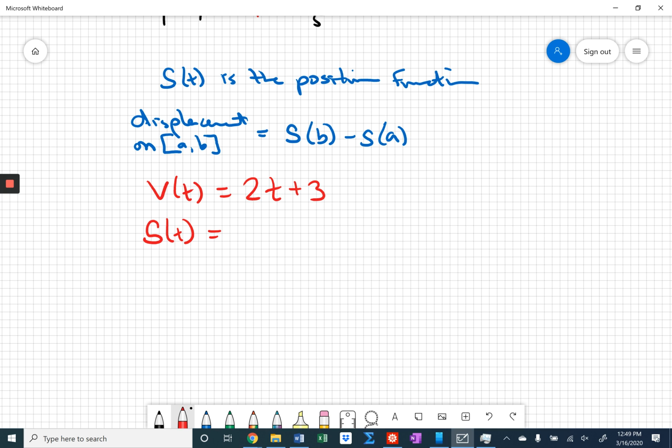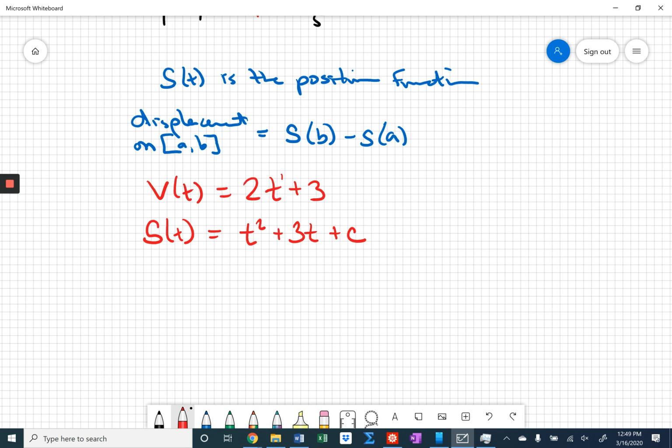So we're going to add 1 to the exponent. There's already a 1 here. So let's add 1 to make it a 2 and divide by that 2. So that becomes a t squared. Antiderivative of 3 is going to be 3t. And then we're going to have plus a constant. I don't have any information at the moment to figure out what that constant actually is, but that doesn't matter.